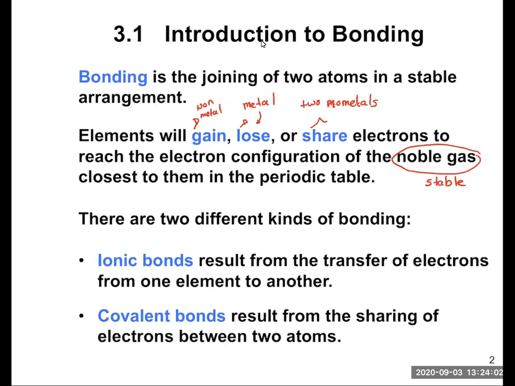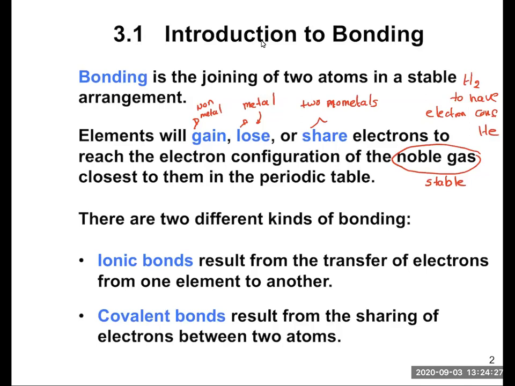For example, hydrogen, which is number 1, would like to exist as H2 in order to have the same electron configuration as helium. Helium is a noble gas and it's a very stable gas.